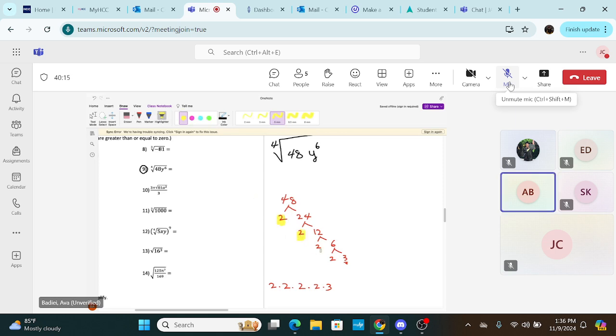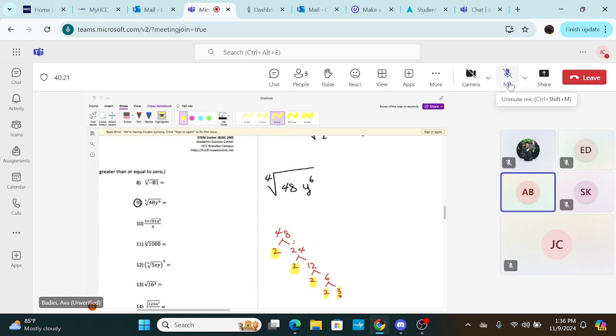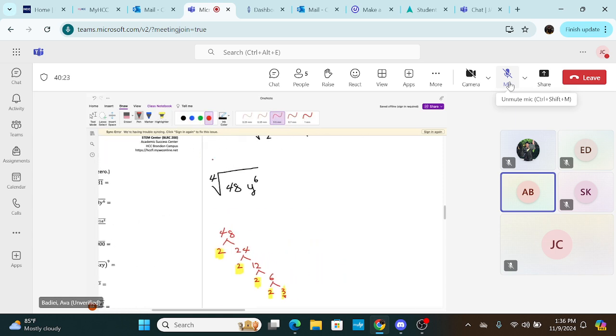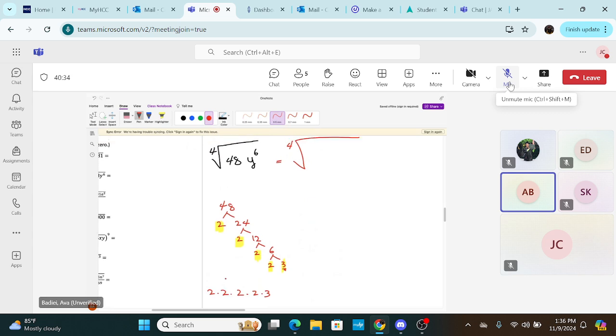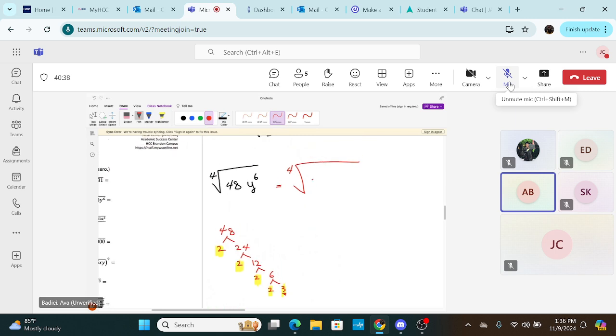These ones. So now I know all the factors for 48. Now, the way I would try to do it is to write them in a way that they will have a power of 4. In this case, it's pretty easy. It's already given to us. We have 2 to a power of 4, and we just have a 3.